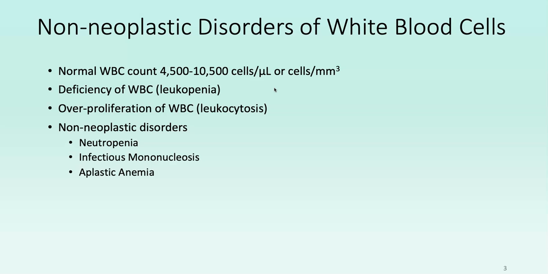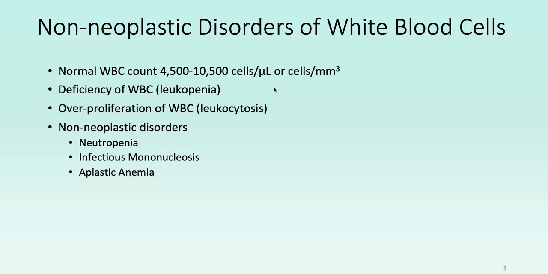Leukocytosis is usually seen in response to infections and invading organisms. We'll talk a little bit more about leukocytosis when we talk about inflammation and immune issues. Leukopenia and leukocytosis can be normal responses to different stressors, such as invading organisms.